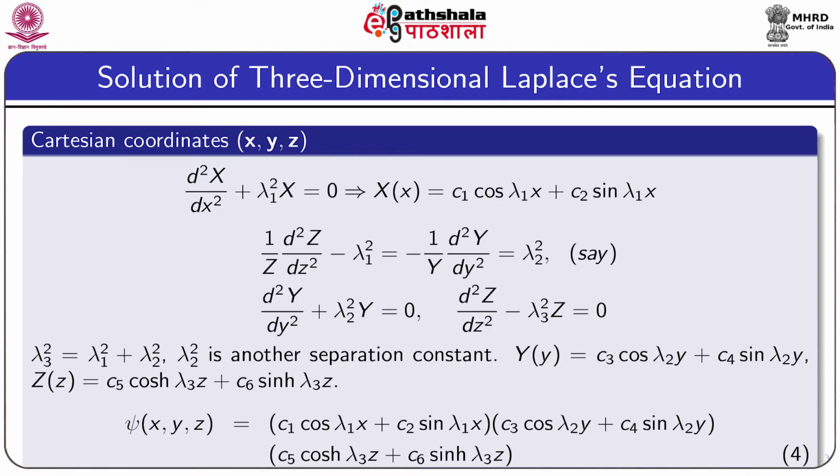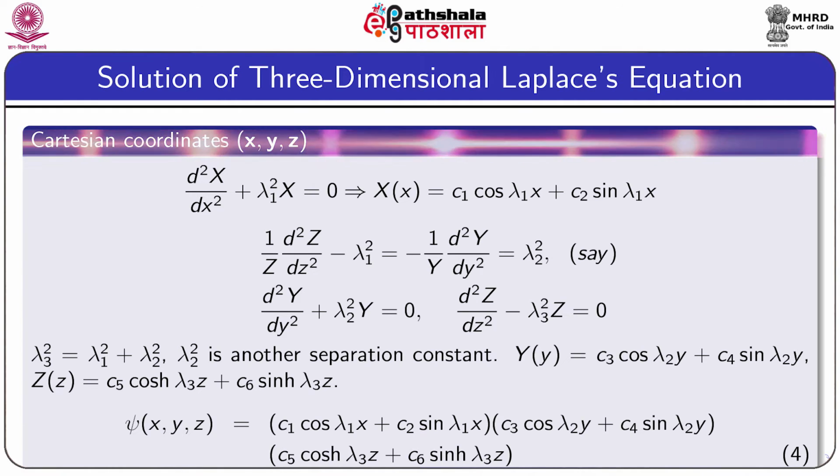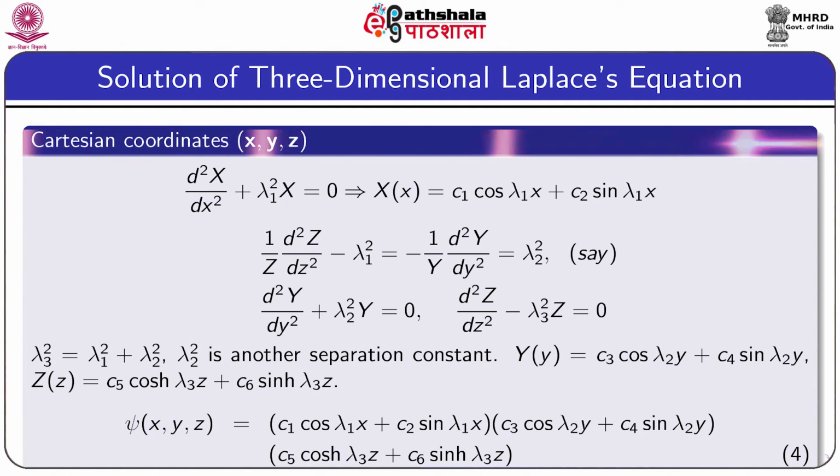Now, C2 cannot be 0 because we already got that C1 is 0. If C2 is 0, then psi becomes 0 for all x, y, z. So, that is a trivial solution, but we are not interested in the trivial solution. So, we assume that C2 is not equal to 0. Therefore, to satisfy the second boundary condition, sin lambda 1 a must be equal to 0.